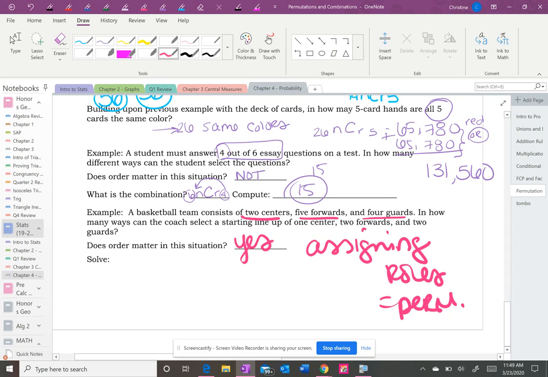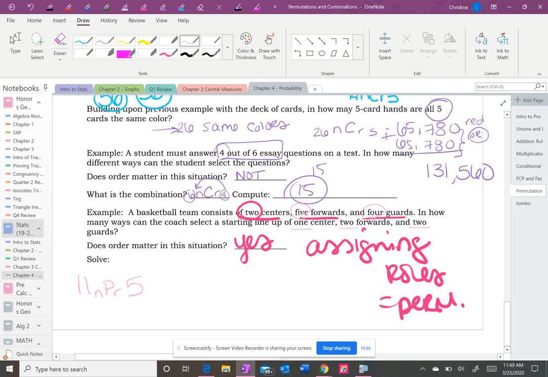So you're going to, how many people do you have on the bench? It's 2, 5, and 4. So that's 11. We're just assuming in this case that everybody can play all of these positions. So it's going to be 11, and then you're going to pick 1, 2, and 2. That's 5 people to play basketball.